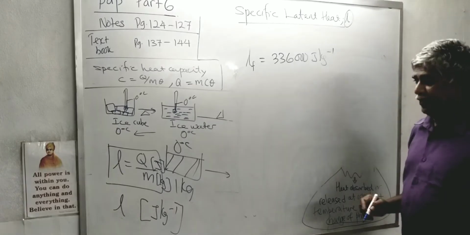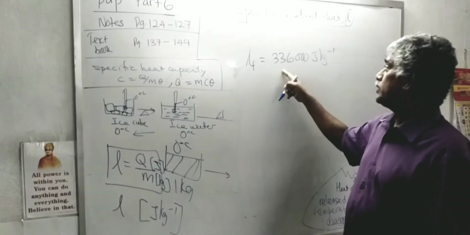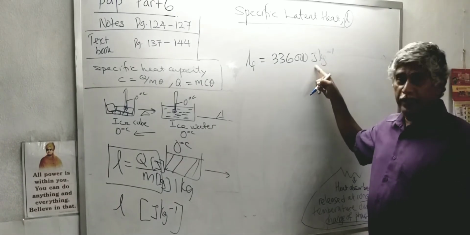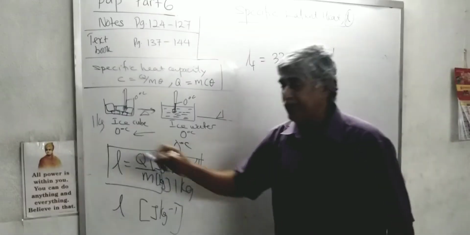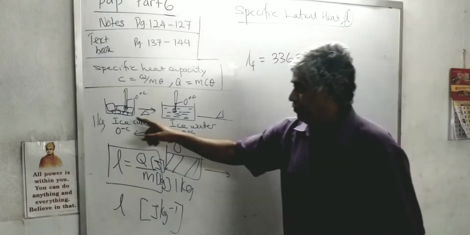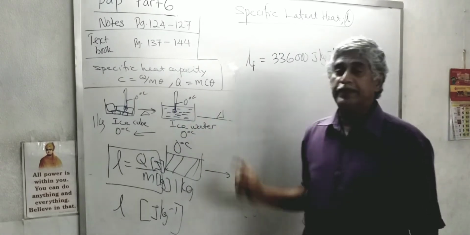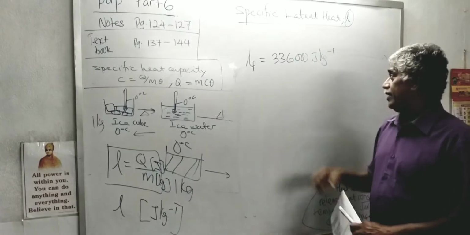So what does it mean? That means you need to supply 336,000 joule of heat energy to melt 1 kilogram of ice to become water without change of temperature. That's the meaning of latent heat. So you can see it.